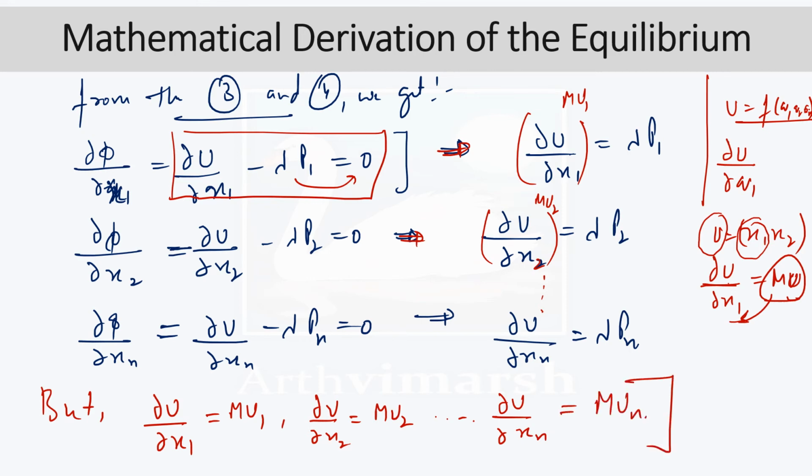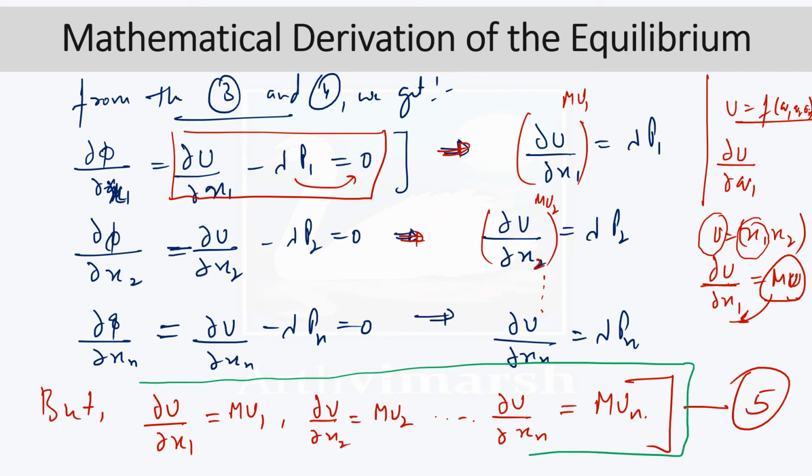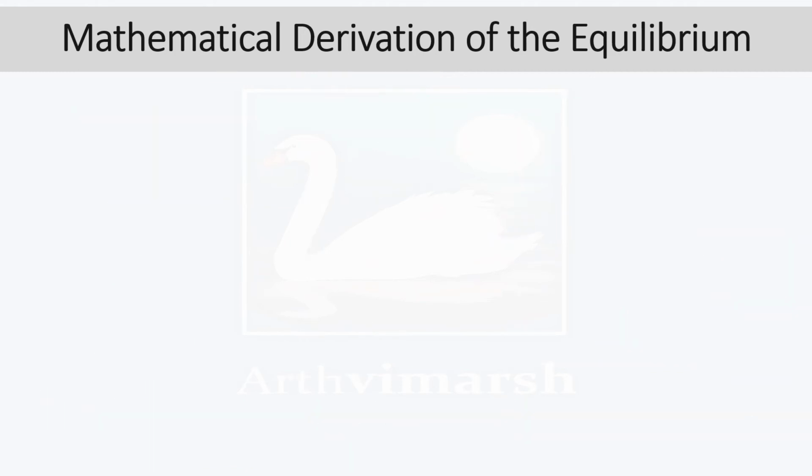Now given this, I am writing it as expression 5. Based on the results in 5, we know that those expressions are equal to the marginal utilities.